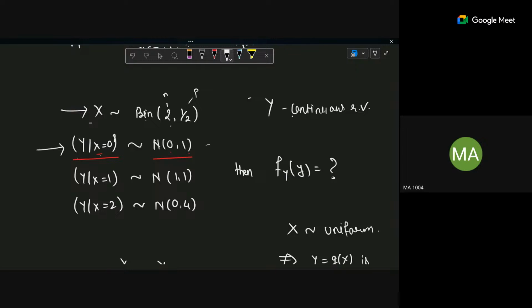Now you find the distribution of y. There was a restriction on x, that it has already taken value 0. Now find what distribution y will follow. Accordingly, we calculate things like this.